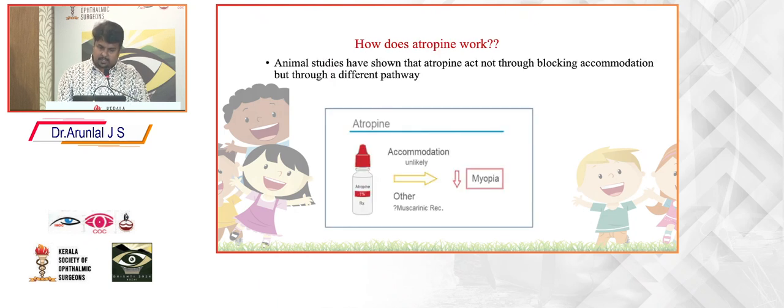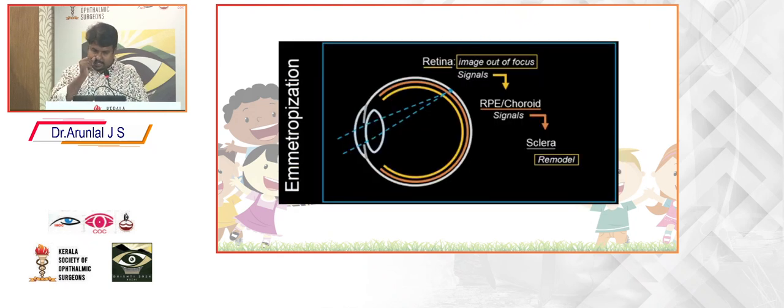How does it work? Animal studies have shown that atropine acts not through blocking accommodation but in a different pathway. Actually, the eyeball growth is not controlled from the brain or brainstem or anywhere, but it is said that it is controlled from the peripheral retina.